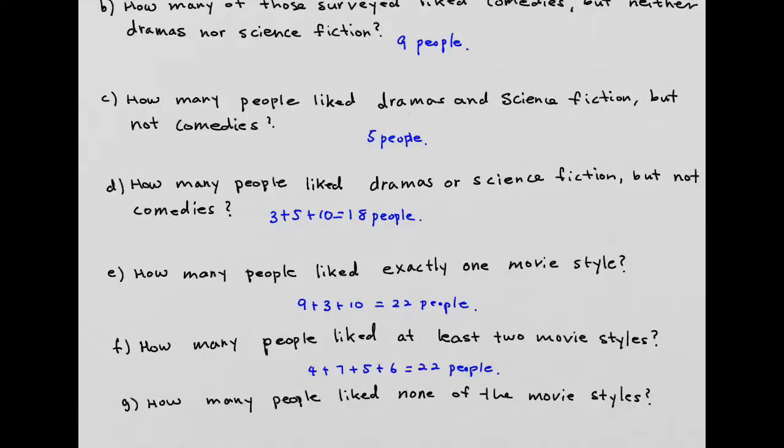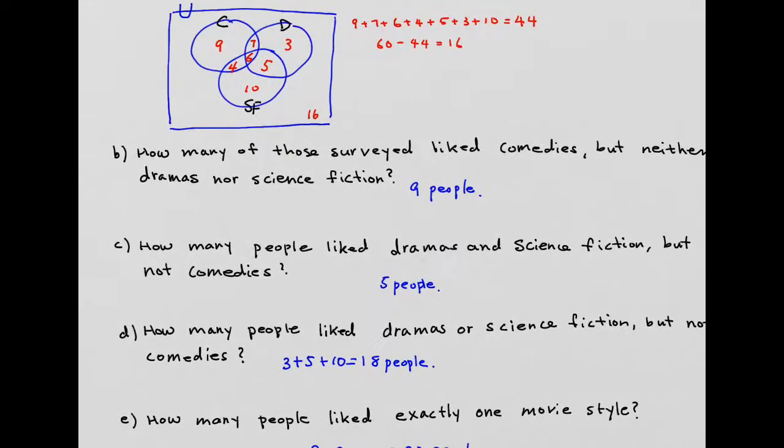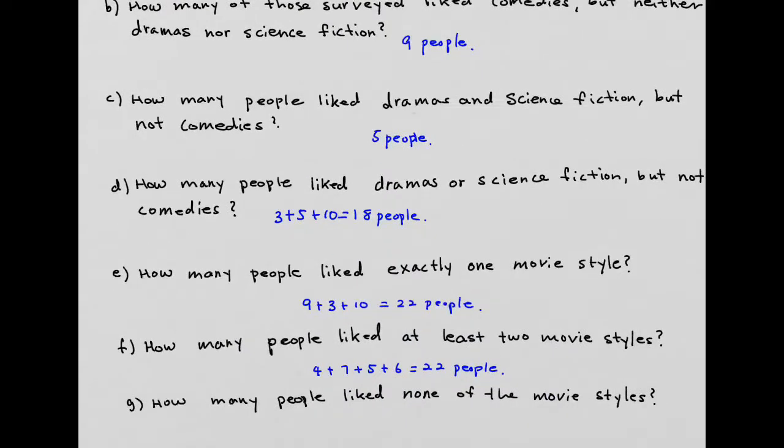The last one is how many people like none of the movie styles. Well, that's easy. That's outside of the 3. So outside is this 16. So the solution to the last question is 16 people. See how easy that was with the Venn diagram?